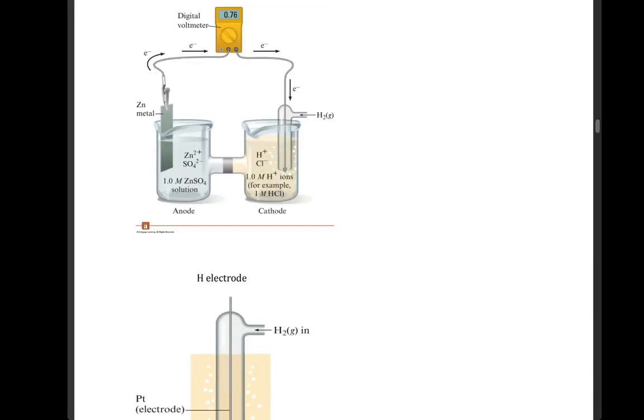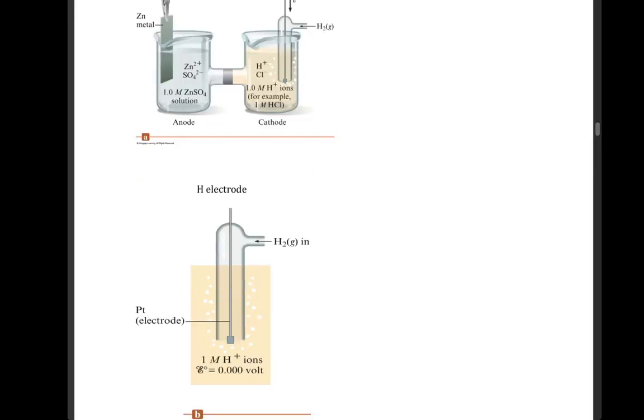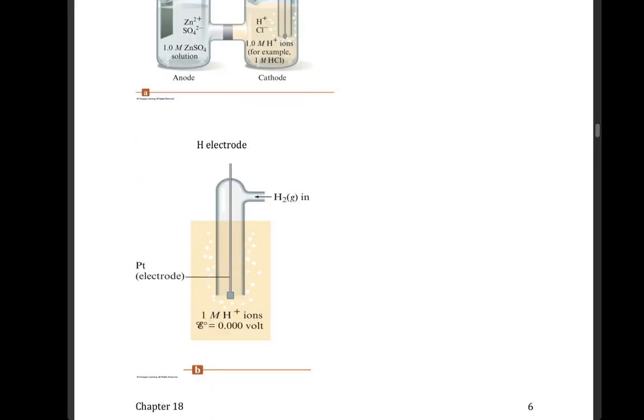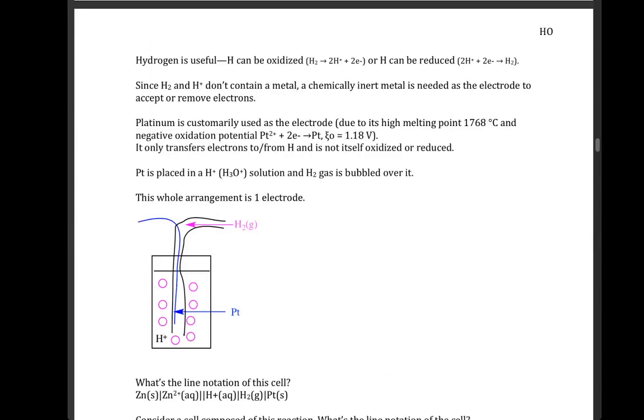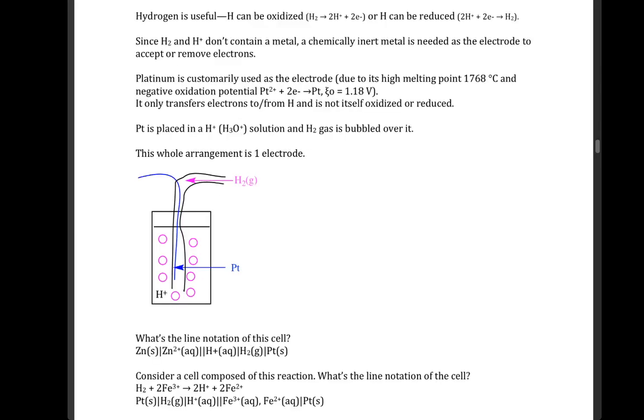So what we have here in that cathode compartment is the hydrogen electrode. That involves a source of H2 gas, and it's sitting in a solution involving H+ ions. And there we have the platinum electrode. Hydrogen is useful.